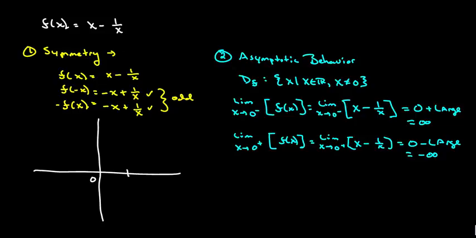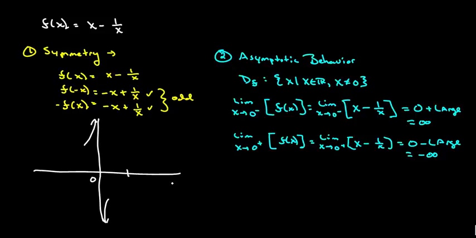At 0, we know that there's a vertical asymptote here. We also know that as we come in from the left, we approach positive infinity. And of course, as we come in from the right, we have to approach negative infinity. And that makes sense because of the symmetry involved here. Okay? Now let's go ahead and take a look at the next piece.